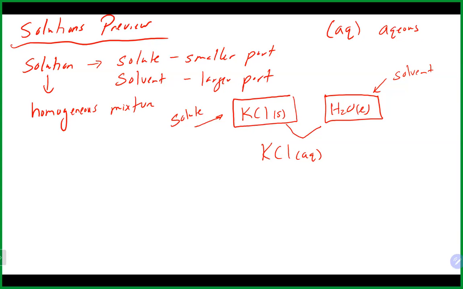In a lot of cases, water is a very common solvent. That's because it's polar. It's also not very toxic, and it works well with a lot of things. But water doesn't always have to be the solvent, but in a lot of cases, it is. How do you know what the solute is? It's actually the name of the solution. So if you have a potassium chloride solution, the solute is potassium chloride.